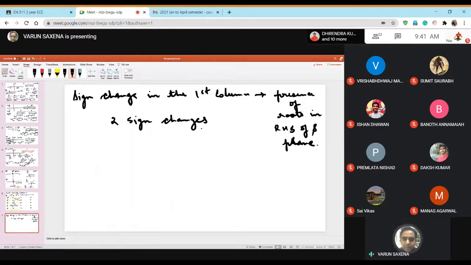Two sign changes means there are two roots on the right hand side of the S plane. Okay, so this is an example.